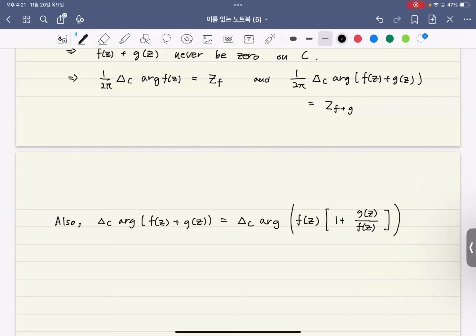Well, the argument of f of z times g of z.